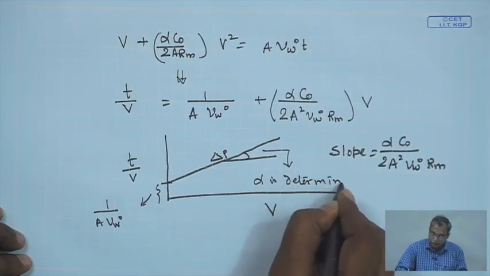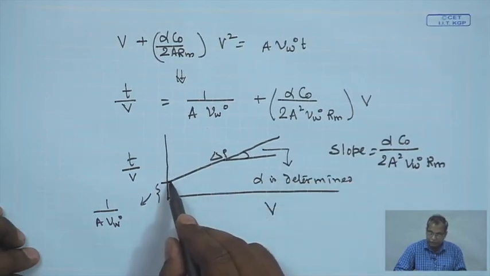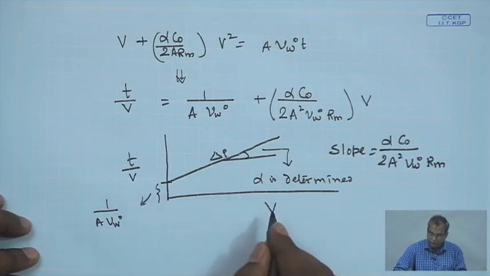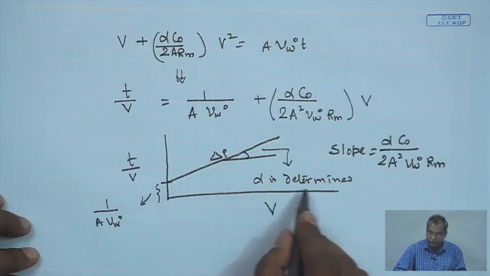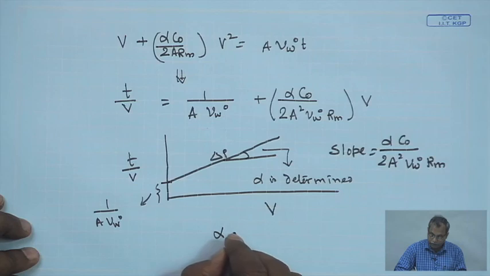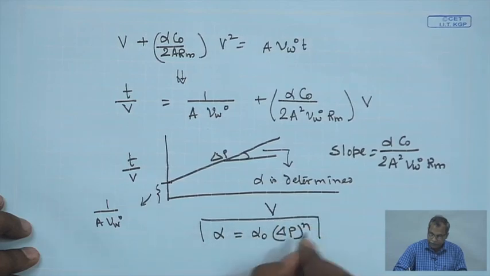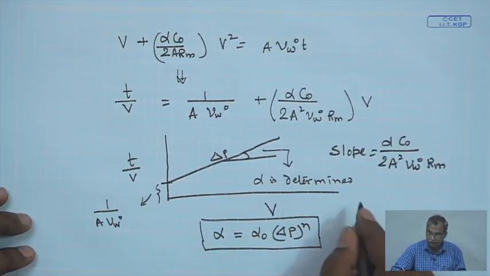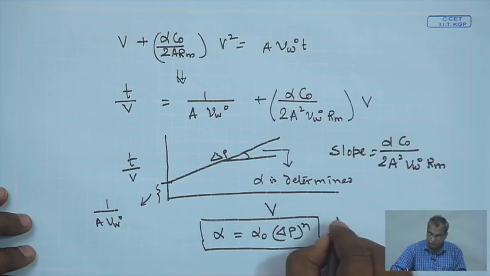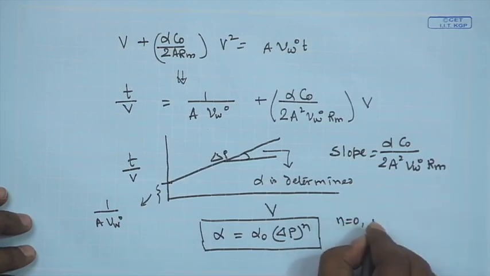Now, we conduct the experiments for different pressure drops and estimate the value of α, then put a correlation of α is equal to α_0 ΔP to the power n. So, if n is equal to 0, then the cake or gel is not compressible, it is incompressible.